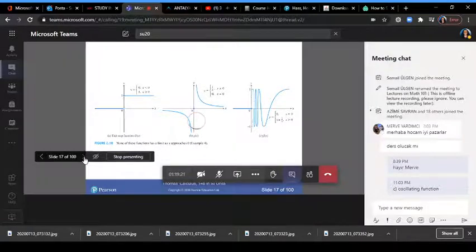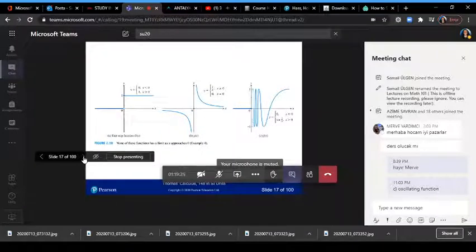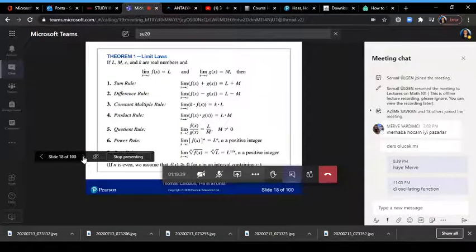Okay, so next, we want to talk about the limit laws. We are talking about limits, so there should be some laws that come with it. Theorem 1 states all these laws.